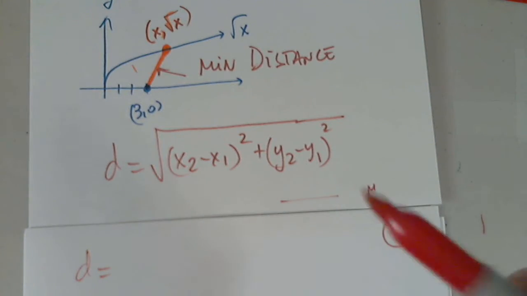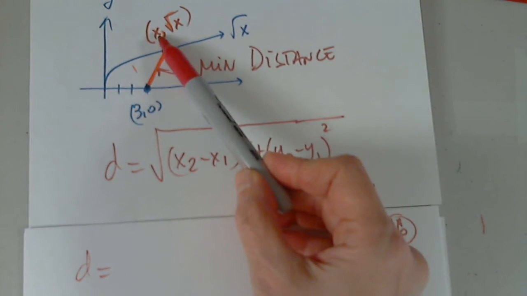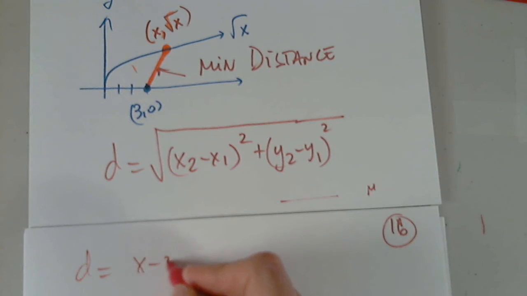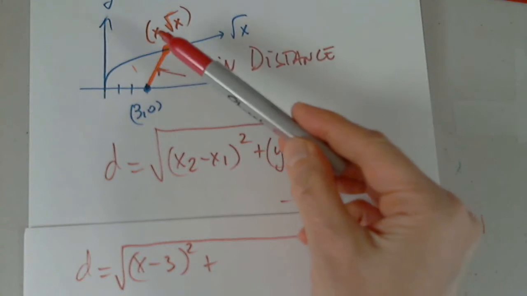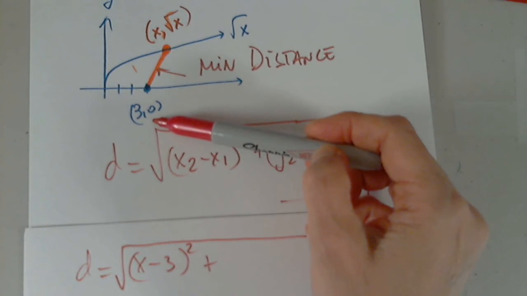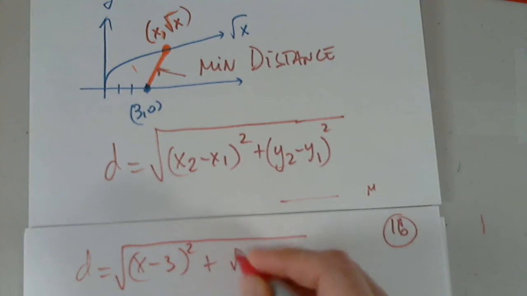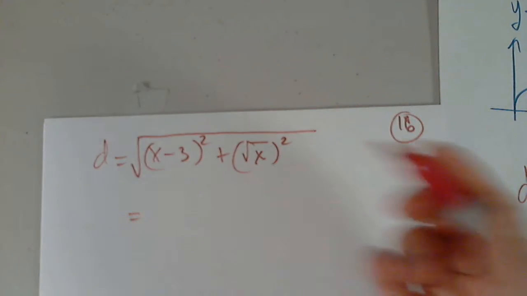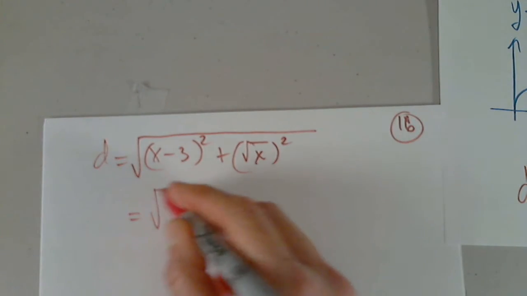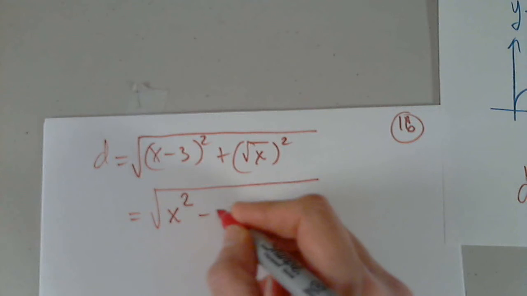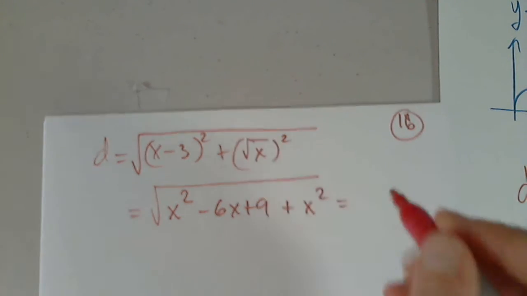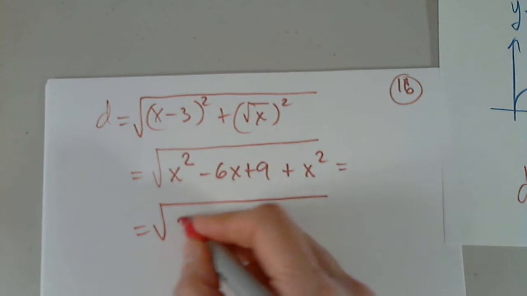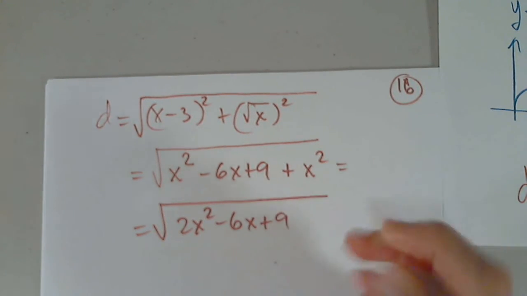So then the distance is the square root of (x minus 3) squared plus (the square root of x minus 0) squared, but it's just the square root of x squared. That's my function. I can simplify it a little bit. It's the square root of x squared minus 6x plus 9 plus x squared. So this will be the square root of 2x squared minus 6x plus 9.